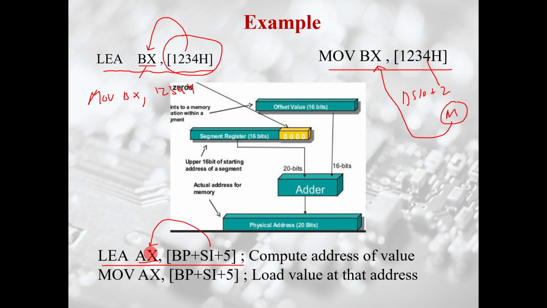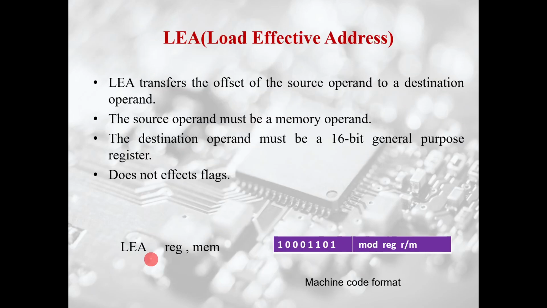Whereas if I write a move, this offset will be computed, then from it the memory location will be computed, and from that memory location the data will be fetched to AX. When I do LEA, only the offset value is brought into the AX register. So LEA transfers the offset of the source operand to the destination operand.